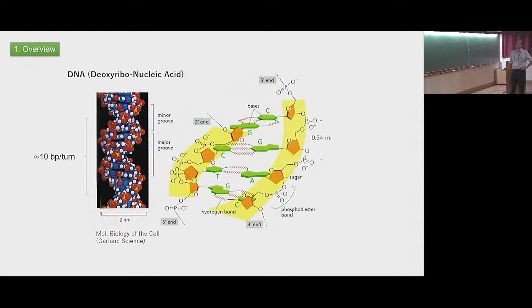DNA is an acid, which means that there are many phosphate groups along the backbone chain, and these bear negative charges in usual conditions. So DNA is a molecule with plenty of negative charges.